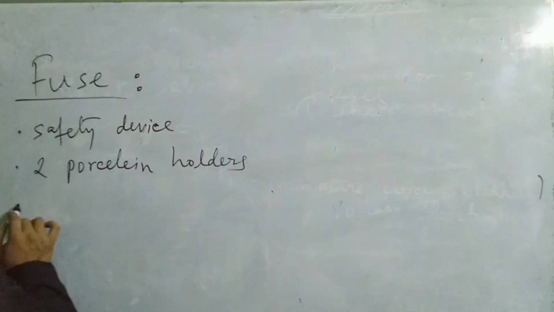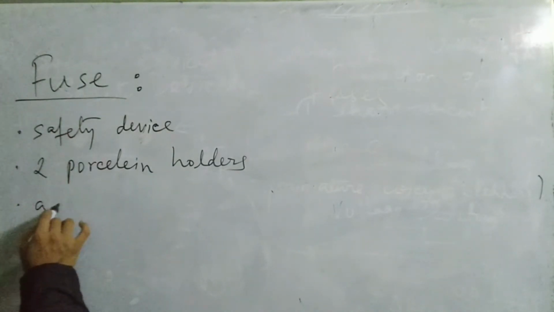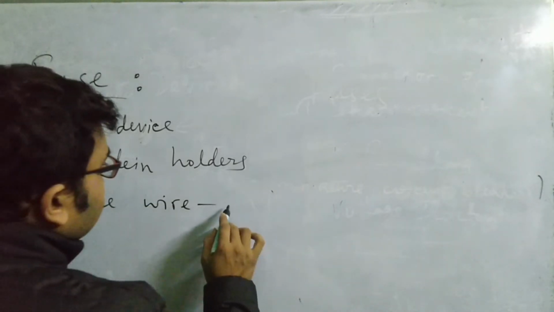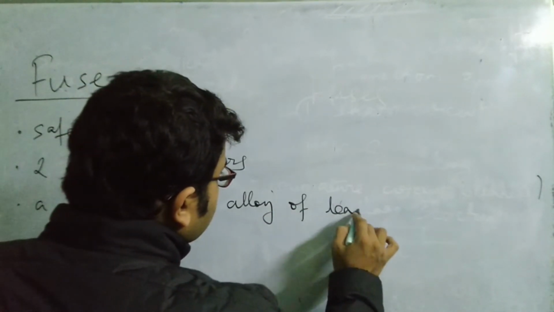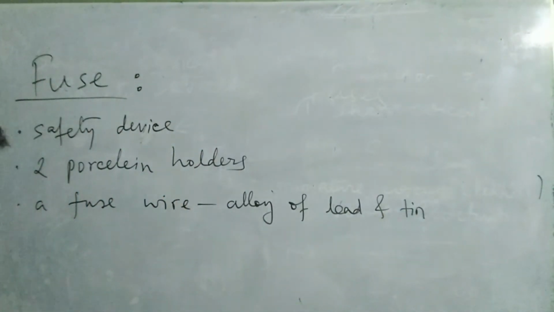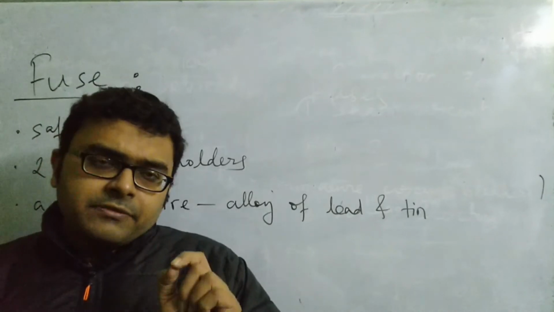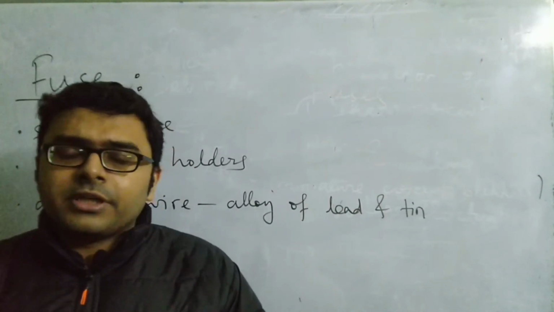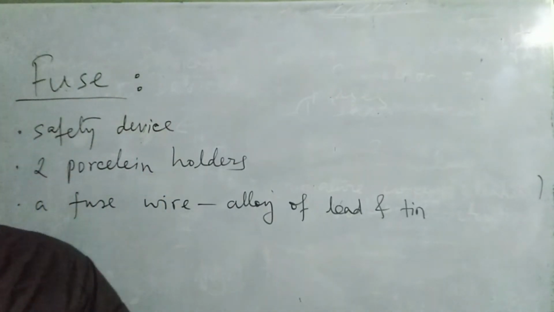The third point you can say is that fuses have a fuse wire made up of an alloy of lead and tin. So remember, fuse wires are actually different from the connecting wires. Connecting wires are made up of pure copper or aluminium, with high conductivity, and their melting points are also high.